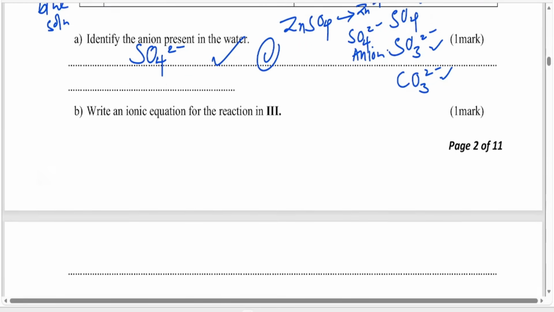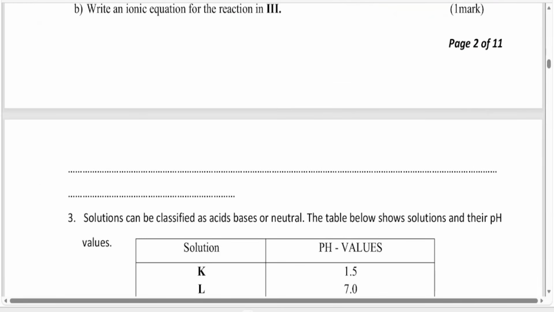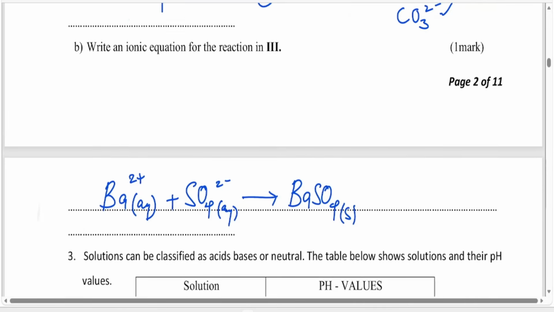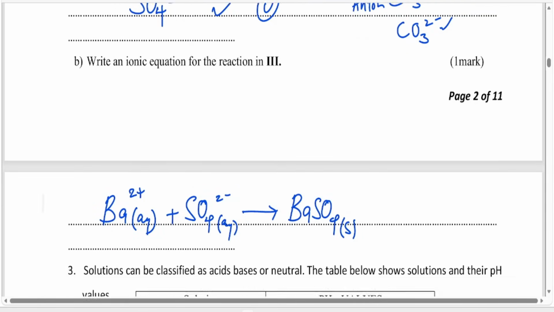In this case, our ionic equation becomes barium ion, which is aqueous, then we add the sulfate ion, which is also aqueous. And therefore, we form a precipitate, which is barium sulfate, and this is a solid. And therefore, students, this gives you 1 mark.